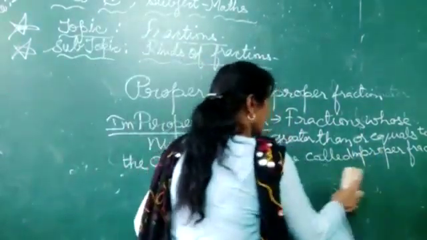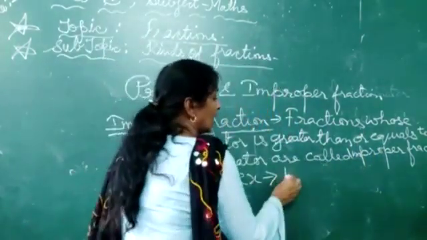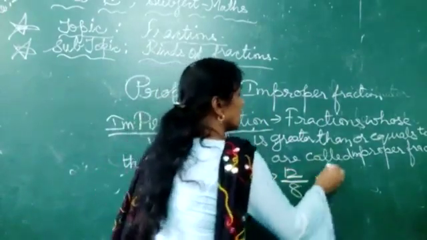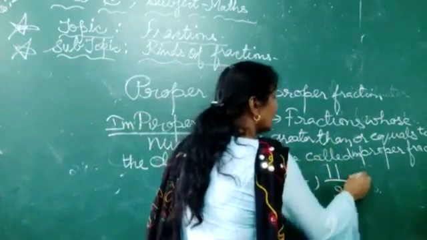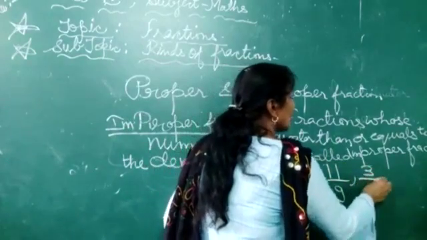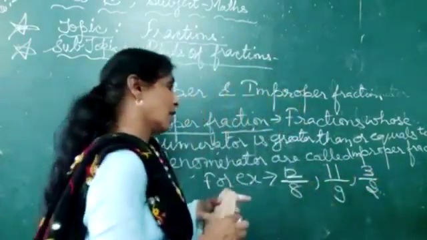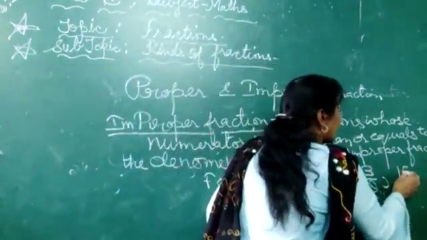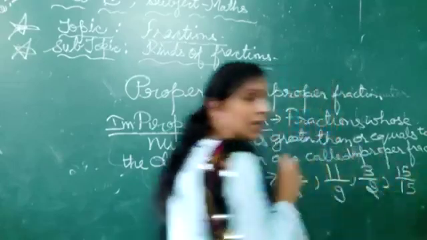For example, 12 upon 8, 11 upon 9, 3 upon 2. These are all the examples of improper fraction, and 15 upon 50.